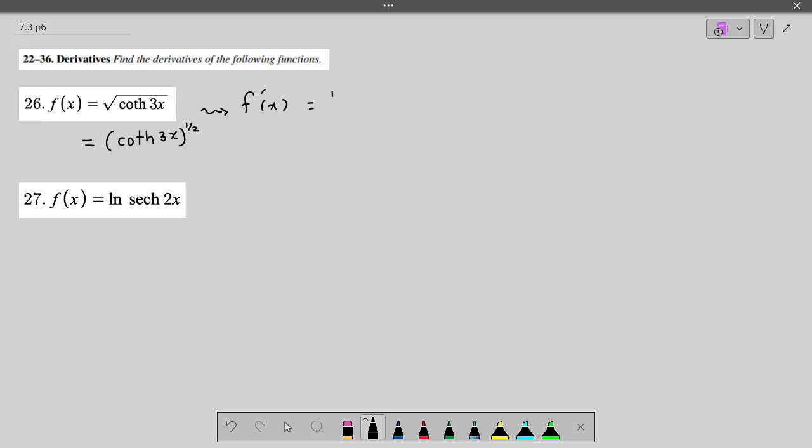So we're going to have the 1/2 multiplied by cotang to the negative 1/2. That's the power rule part. Now we have to differentiate the base.